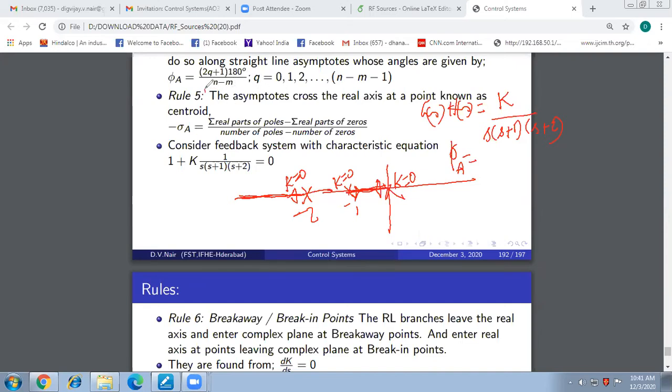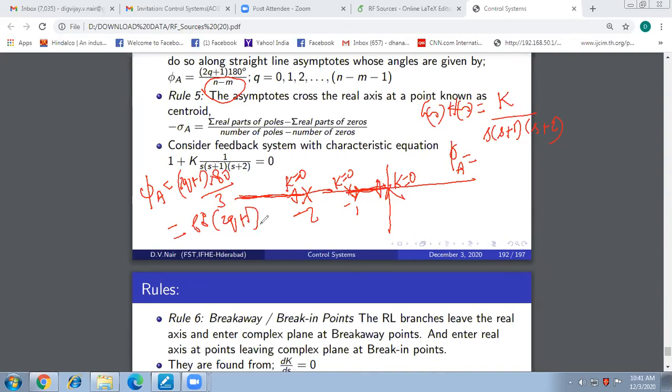So phi A equals (2q plus 1) times 180 by 3. 180 by 3 is 60 degrees, so 60 degrees times (2q plus 1). This is what you are getting, phi A.